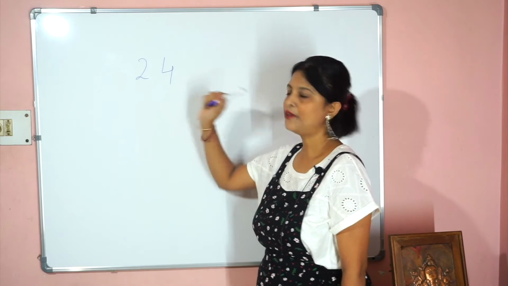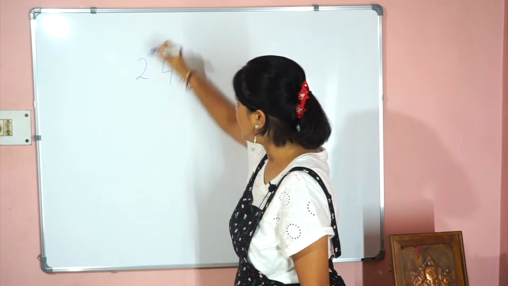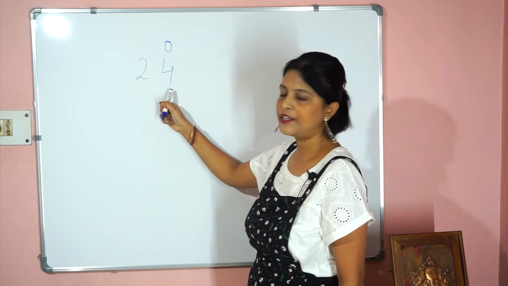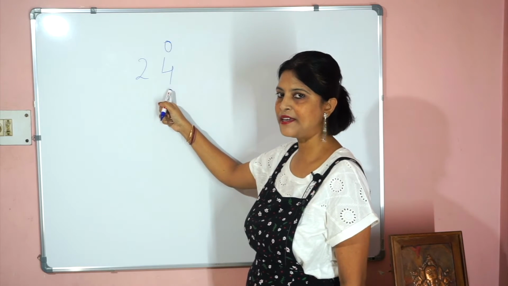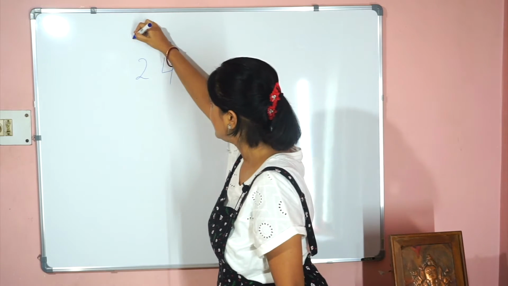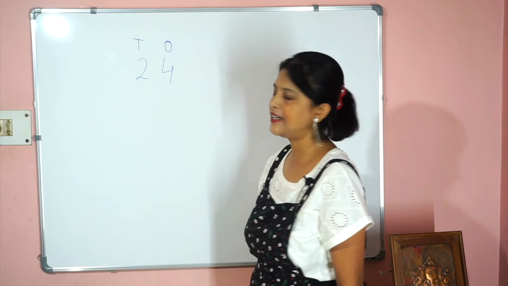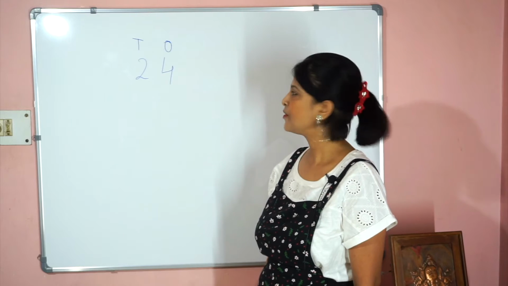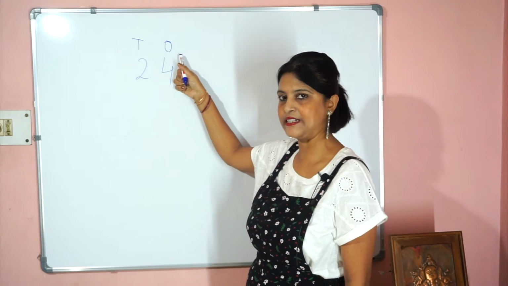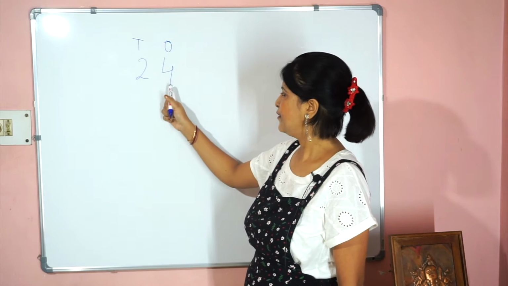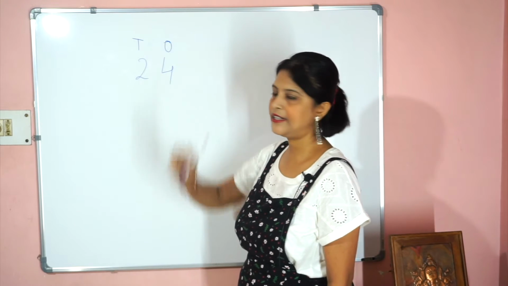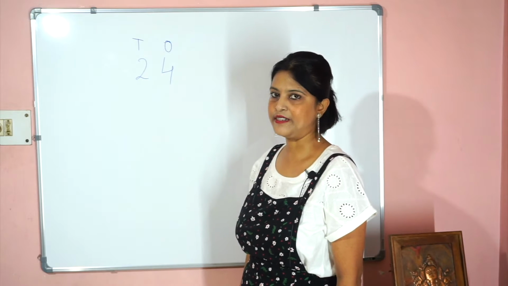So here 4 occupies the ones place. I am writing O on top of 4 to denote that 4 occupies the ones place and 2 occupies the tens place. I am writing T on top of 2. The ones place is also called the units place. So here 4 is the digit in the ones place, 2 is the digit in the tens place.